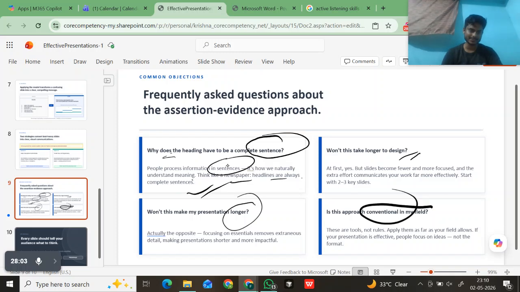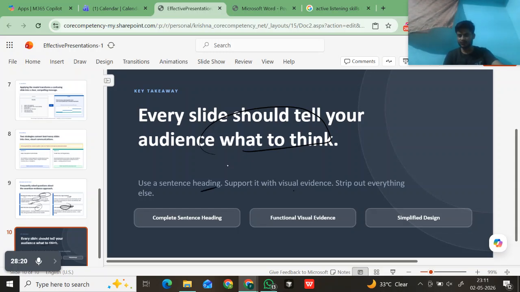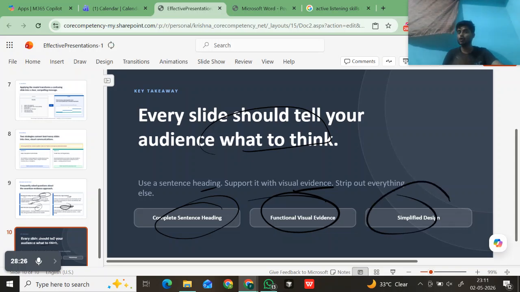Let's end this session. So, what you should take from this session, what we have learned: whenever you are creating your slide, every slide should tell your audience what to think about the slide, right? Use a complete sentence heading supported with visual evidence, functional visuals, and simplified design. Do not use something that is not relevant, right?